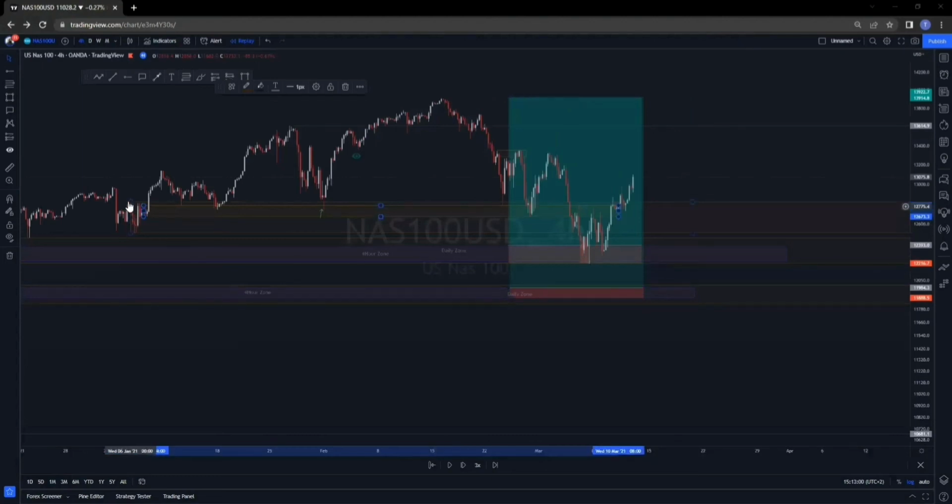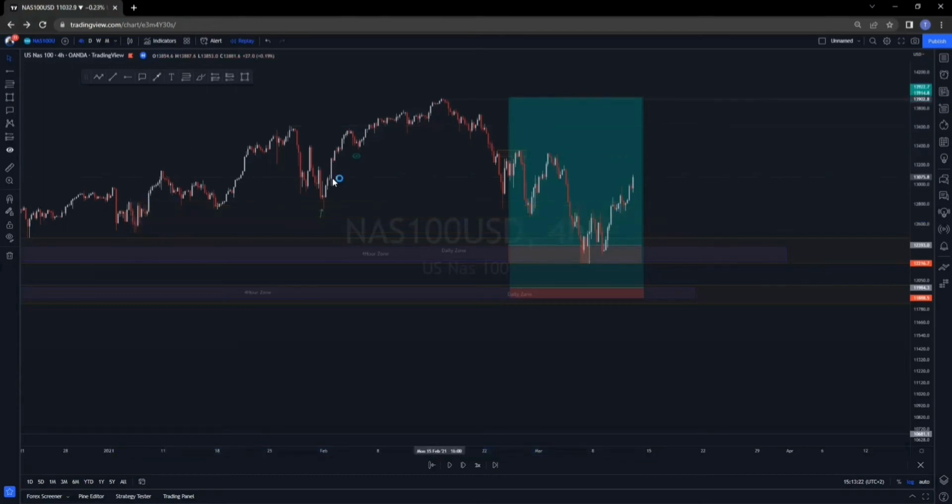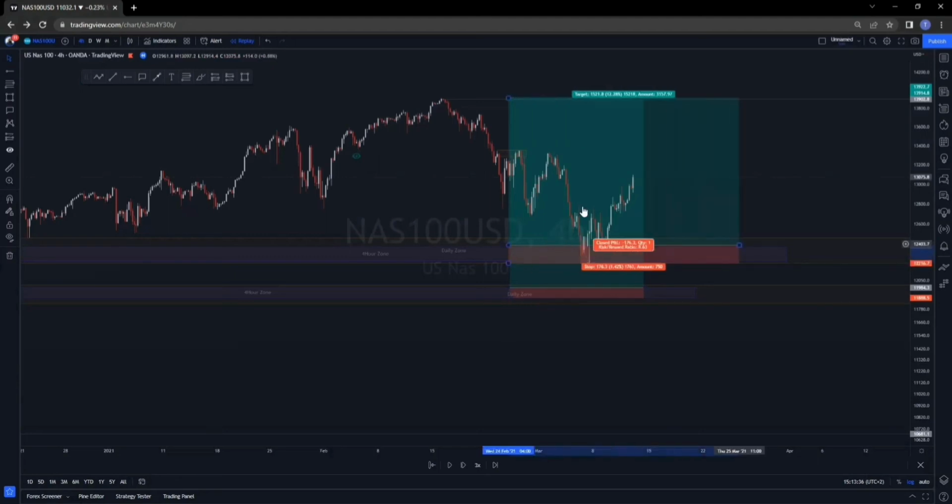All right, so as you can see, the market violated these over here, right? And then we can also take out these zones over here. So let's see if this position right here gets us the take profit that we see.